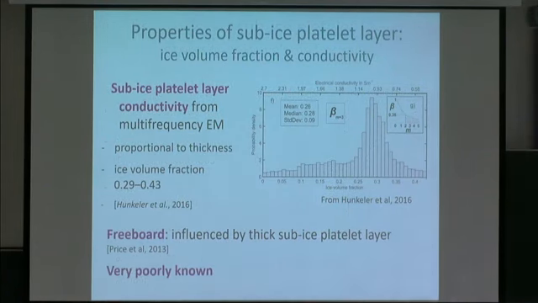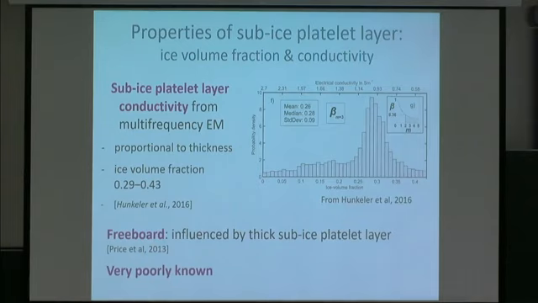We're going to use, therefore, electromagnetic induction techniques because they are able to detect changes in conductivity. And conductivity is going to be something that depends very much on the porosity or the ice volume fraction.